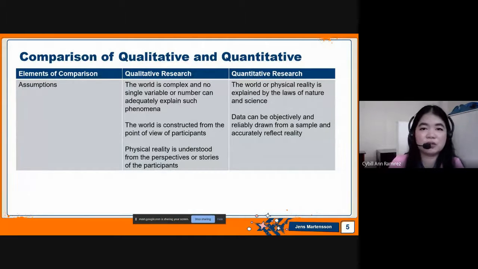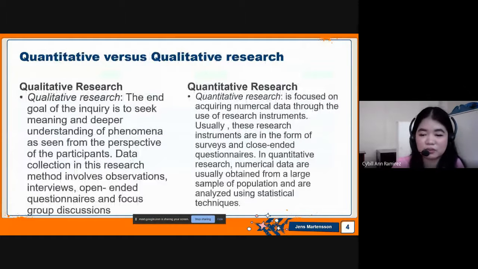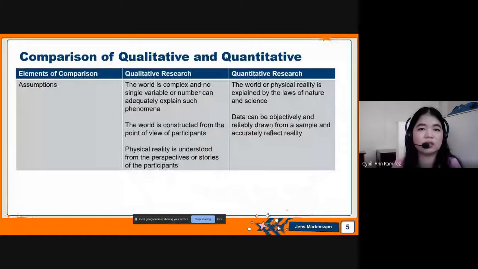Okay. So, let's try to compare. Although we already know the difference between qualitative and quantitative, to dig deeper on what the difference between the two is, it comes down to assumption, sampling, data collection, design, and hypothesis.